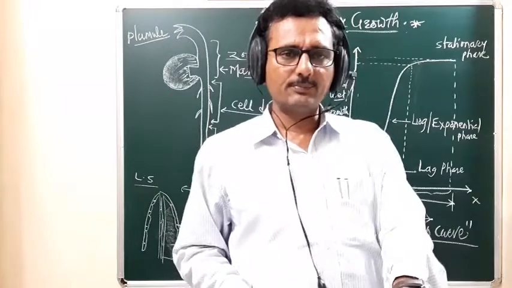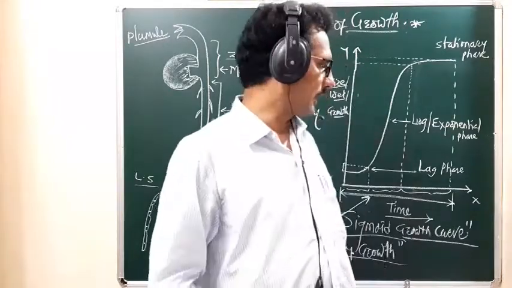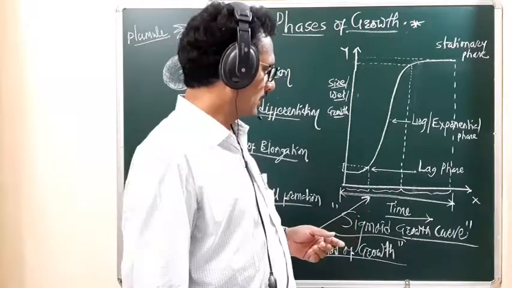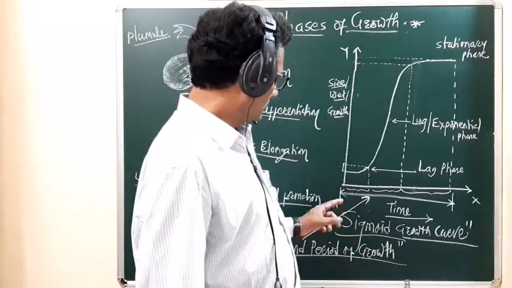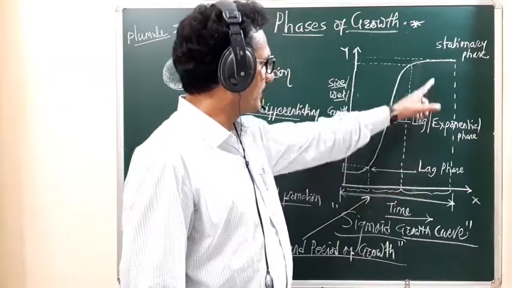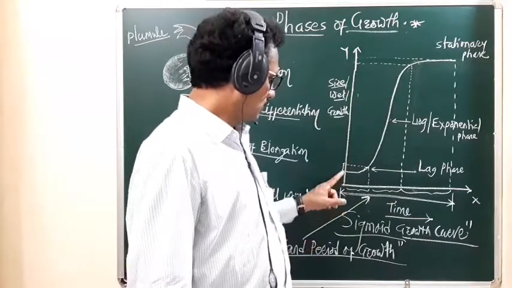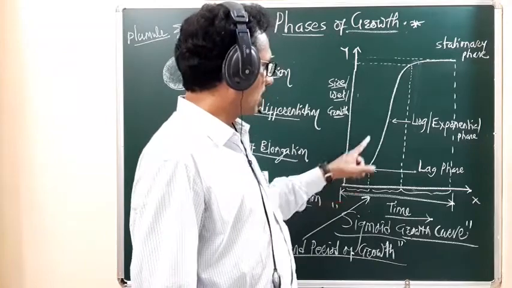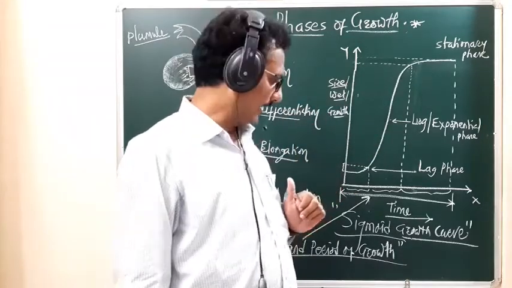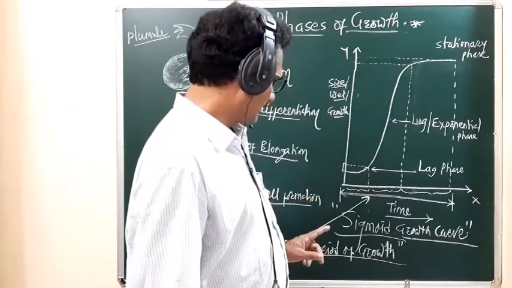So what is that grand period of growth? When we plot a graph, we show the different phases of growth. Remember that these are the different phases of growth: the lag phase, log phase, and the stationary phase. For the completion of these three phases, how much time is required? That time is called the grand period of growth.